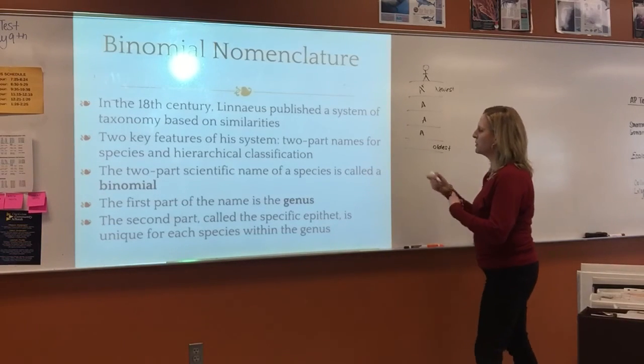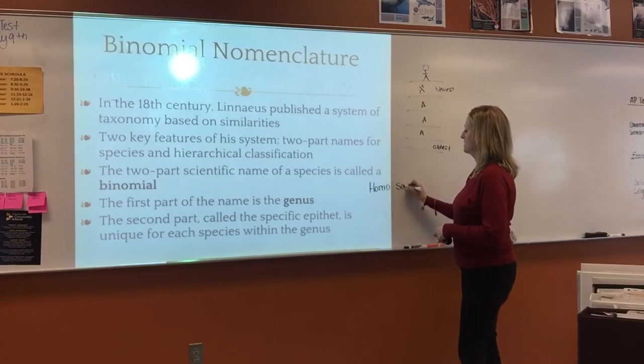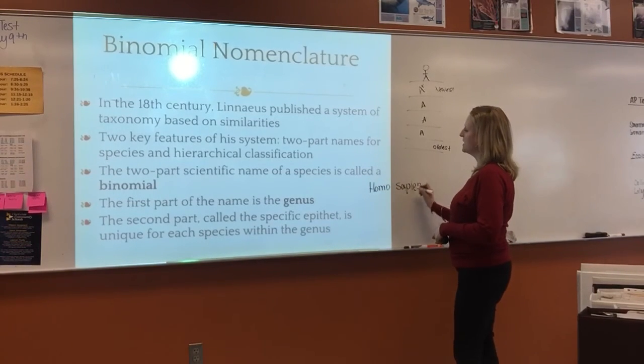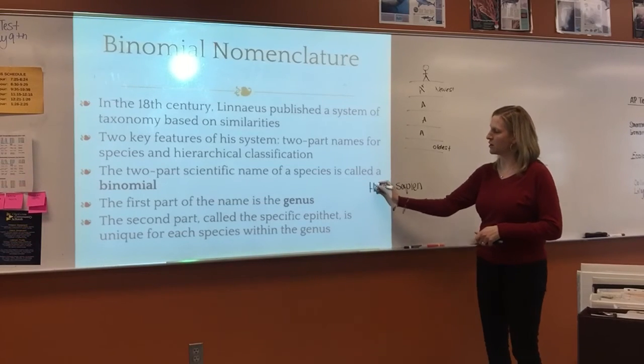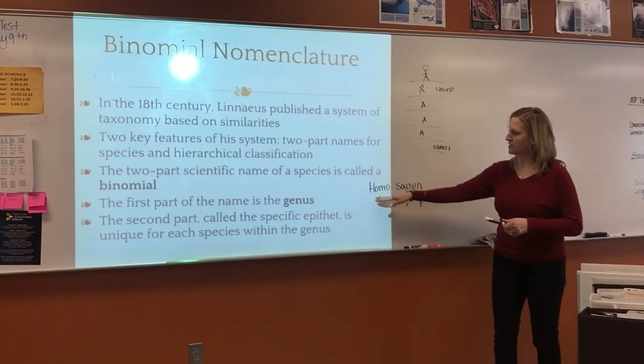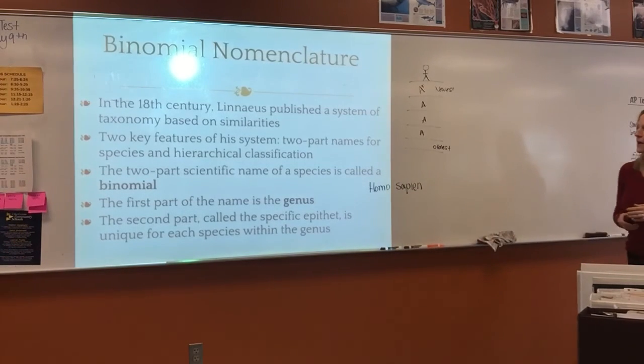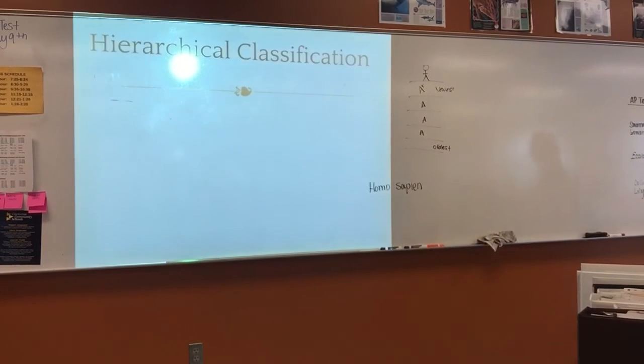Homo sapiens. So Homo is what we call our genus. It's always capitalized, and sapiens is our species. This is our binomial name. In typewritten form, this would be in italics.